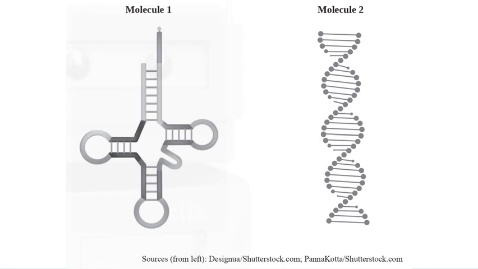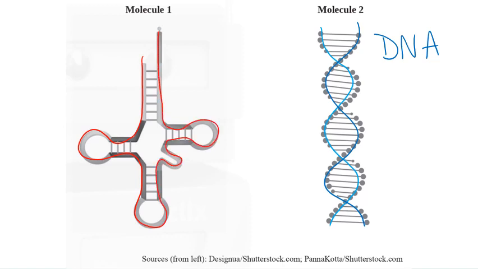Again, this is an image from a past exam. It might just say identify the types of molecules here. In molecule 2, we can identify that there are 2 strands, which tells us straight away that it's a strand of DNA. Molecule 1 has 1 strand, sort of.